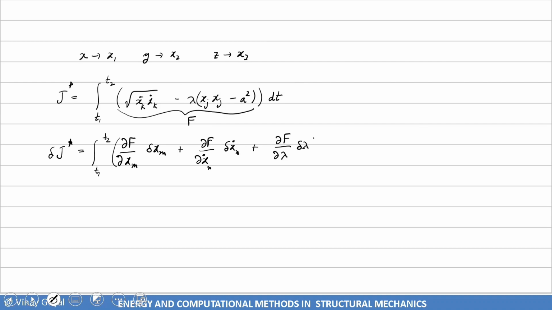So let's do this one. The derivative of f with respect to xm renders minus lambda, and then I have xj, the derivative of xj with respect to xm.